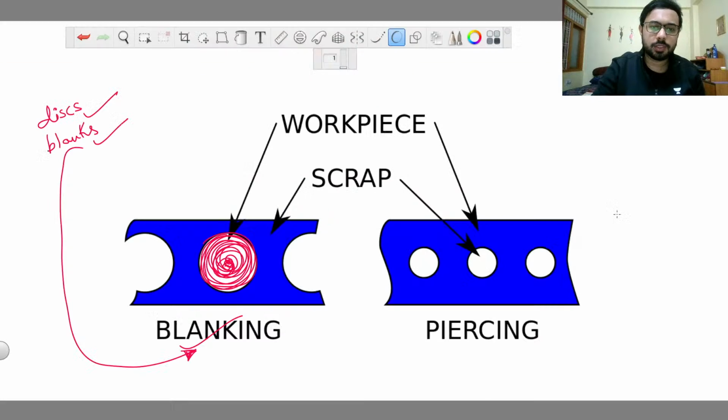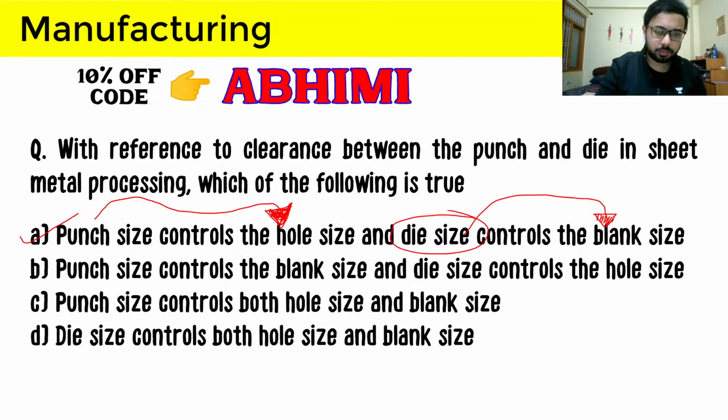So see this figure one last time in this class and absorb the details. You should now be 100% clear on what punching and blanking are, and what punch size and die size control in each process.